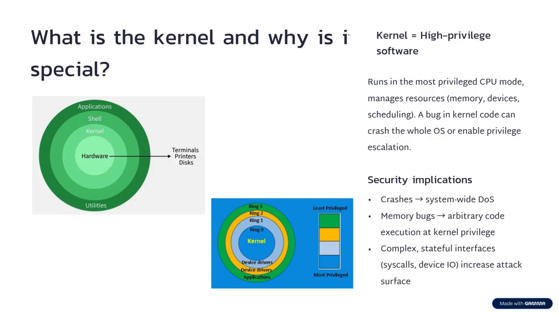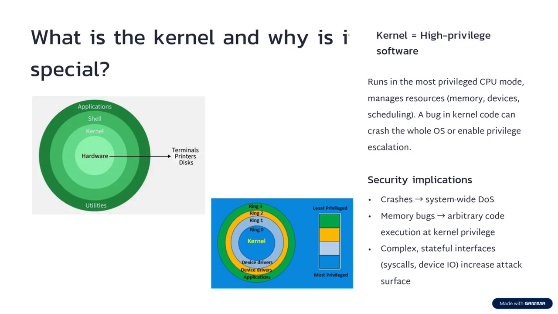So this kernel, you can see in this diagram, runs in ring 0, which is the most privileged CPU mode. This means that the kernel has unrestricted access to a lot of the memory systems and hardware. It manages memory allocation and protection. It schedules processes.